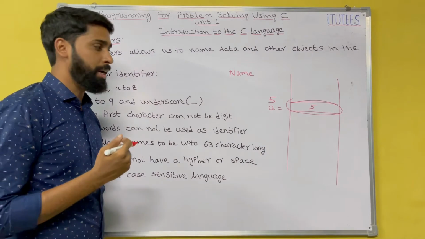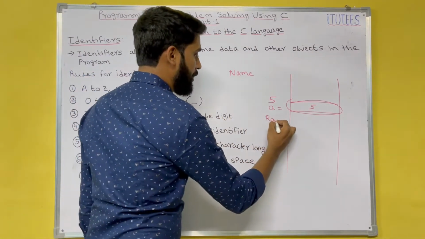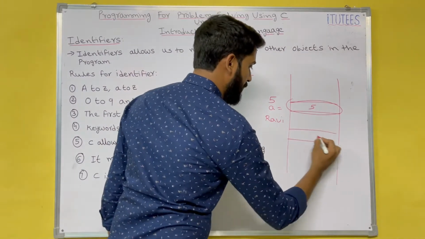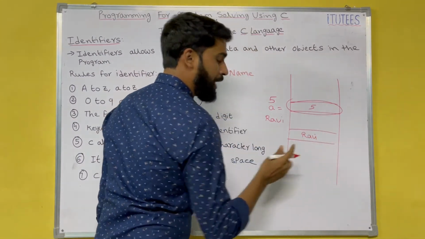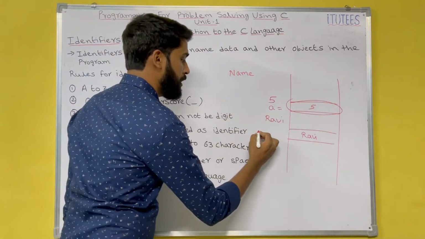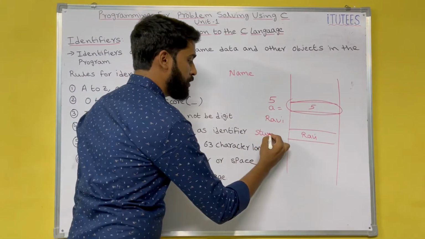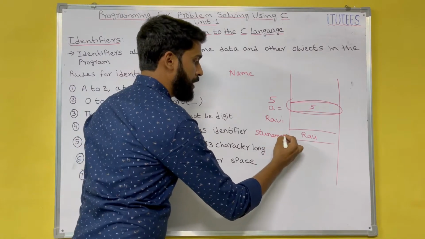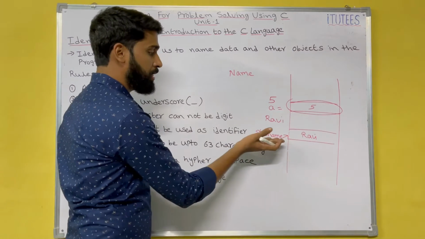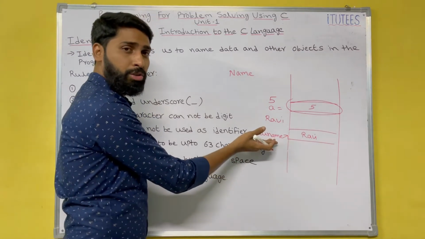That means, if I have the name Ravi, the Ravi is stored in the memory. Now I can identify this data by using an identifier, for example, stu_name equals Ravi. How can I identify this Ravi? By using this name, stu_name.